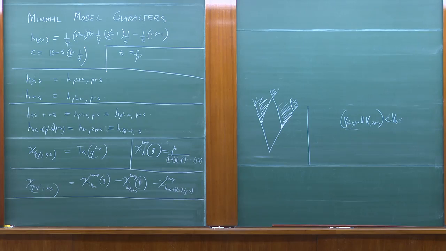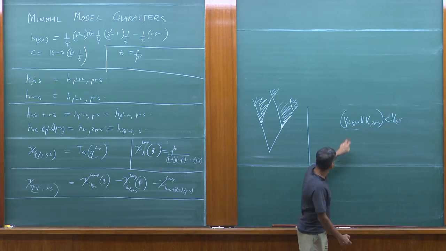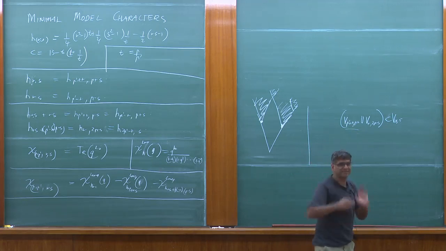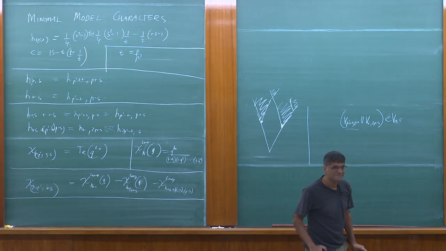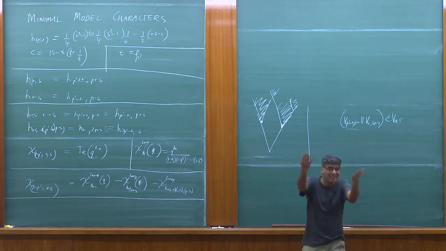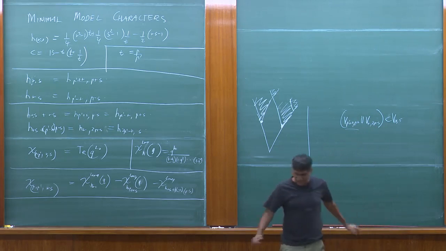Okay, now we want to see what are the labels for the null states of this guy. This guy has two sets of null states. And we want to write down what are the labels for the null states of this guy. It also has two sets of null states. Clear? So I'm going to write it down and then we'll check.